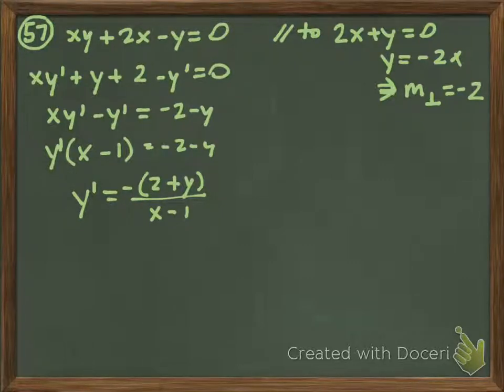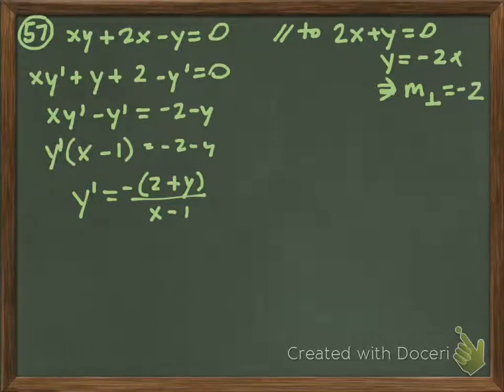Because this is my normal slope, right? So then this is my tangent derivative, right? So what is the relationship between those two slopes? Negative reciprocals. So I can either negate and invert this, because that takes care of that, right? And set it equal to negative 2. Or I can keep this and negate and invert that.